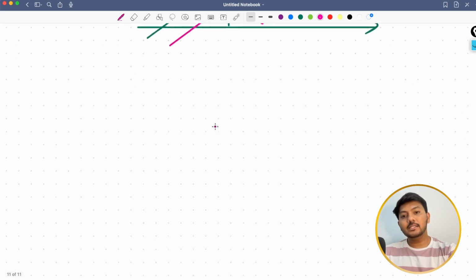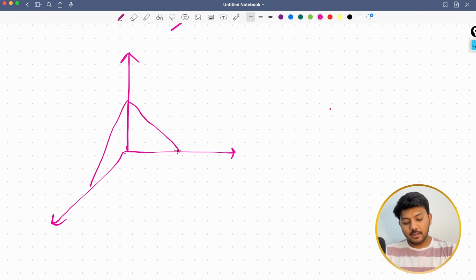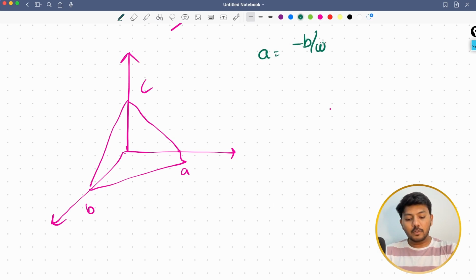So likewise, in case of 3D, I have a plane like this, and we call the intercepts a, b and c, and what is the value of a? a equal to minus b by w1, b equal to minus b by w2, c equal to minus b by w3, right? And let's say my b is equal to 2, and if my b is equal to 2, I get all of these points.